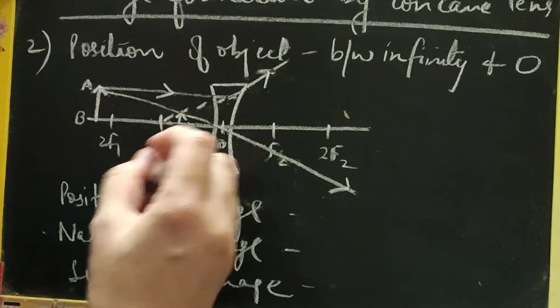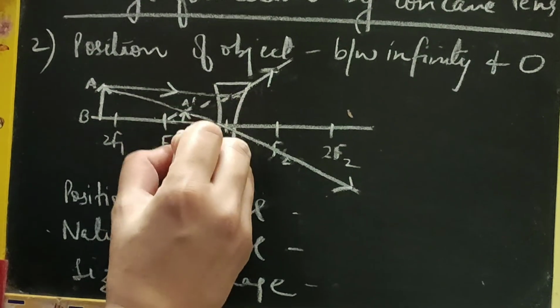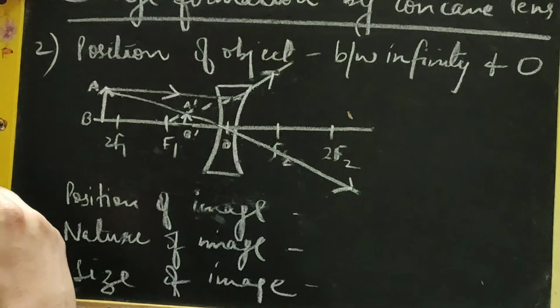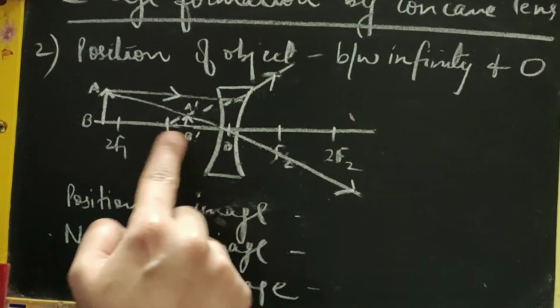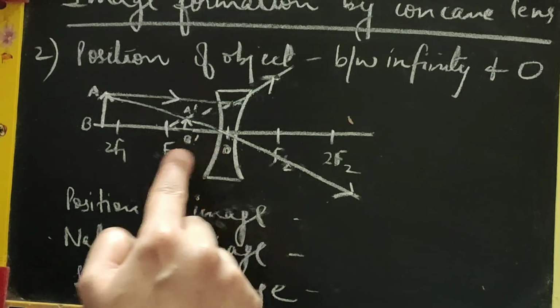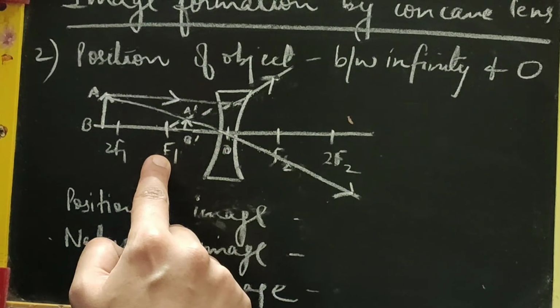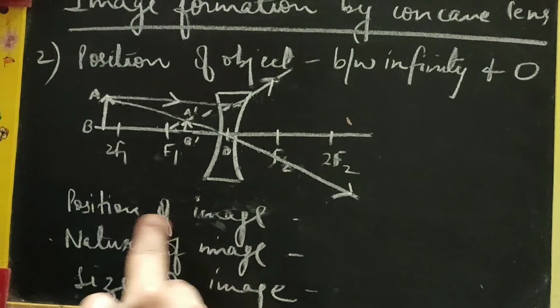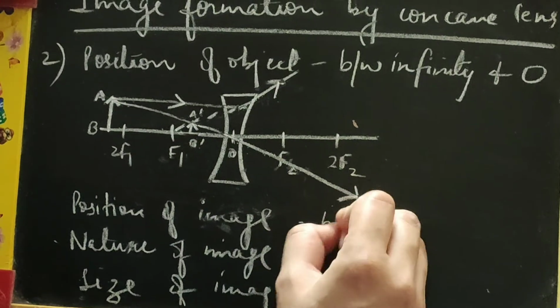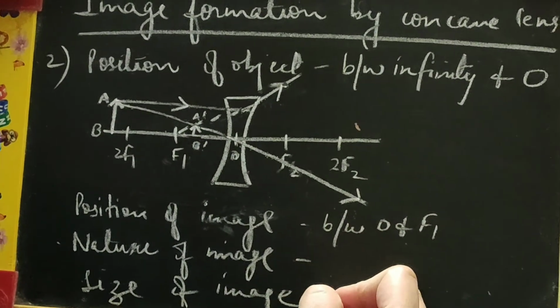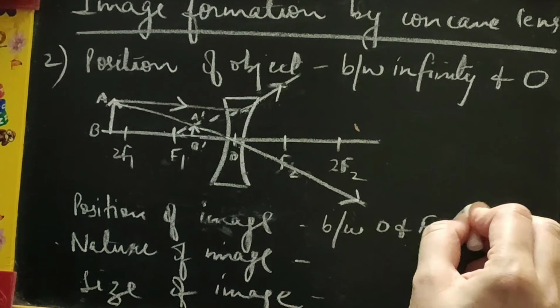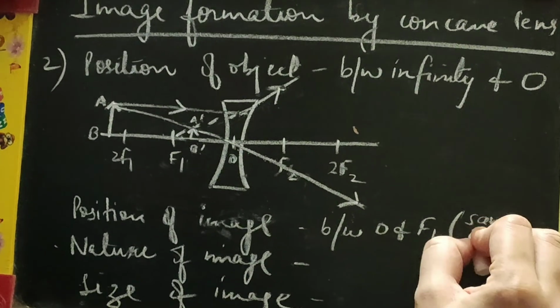We label this diminished image as A'B'. You can see clearly that we can mention the position of the image as somewhere between optical center and the focus. So position of the image is between O and F1, or you can also mention on the same side as object.